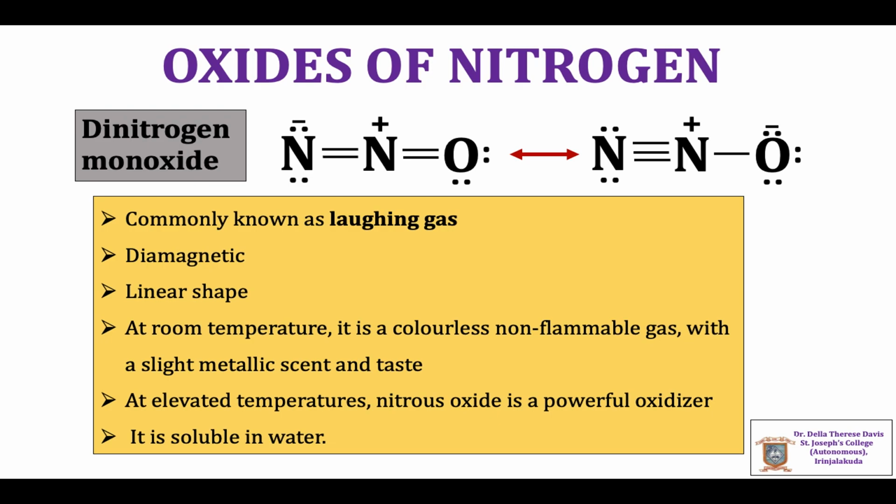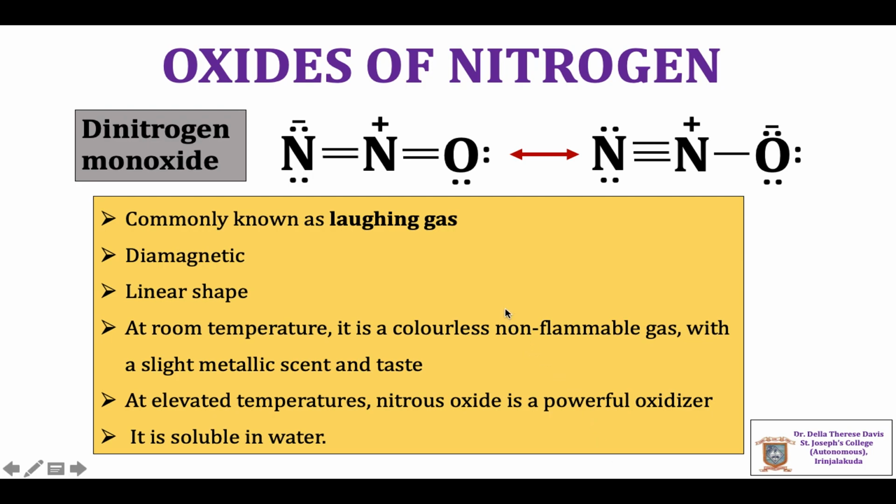The first one is dinitrogen monoxide or nitrous oxide. It is commonly known as laughing gas. The oxidation state of nitrogen in dinitrogen monoxide is +1.